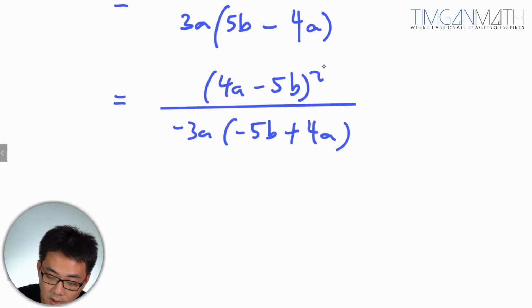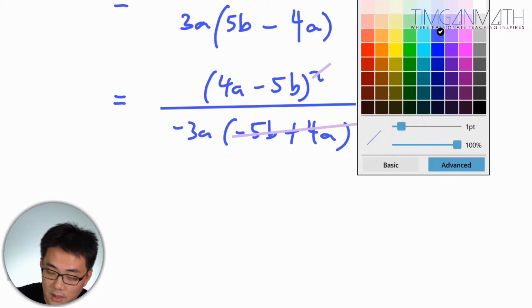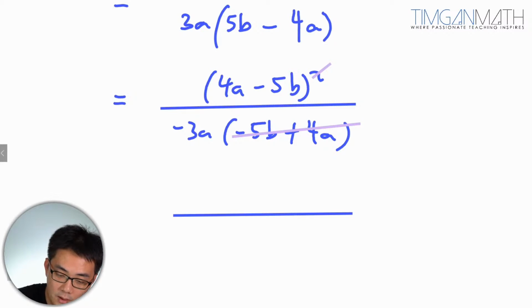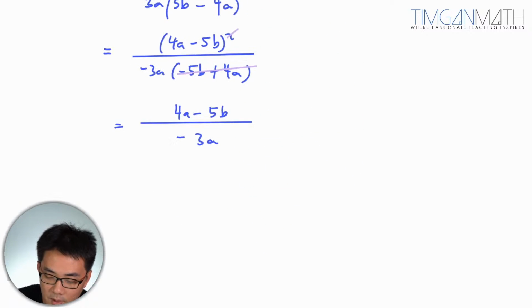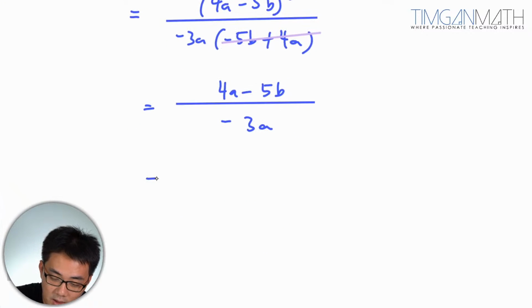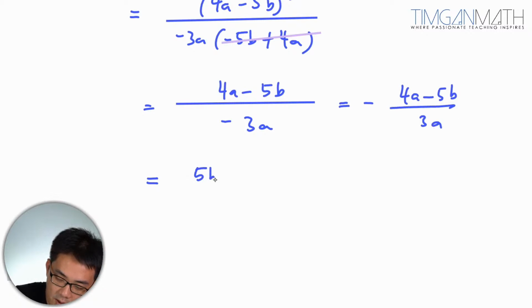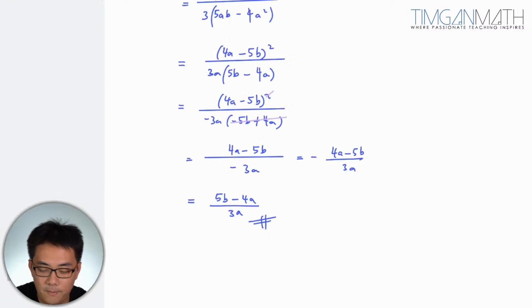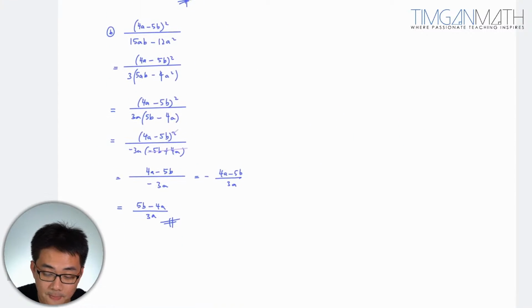When you cancel this away, this would just be the answer, which is 4a minus 5b over negative 3a. Okay, this is how you simplify it. So obviously you could take the negative out. So this is negative 4a minus 5b over 3a, and this will be 5b minus 4a over 3a. Okay, yeah, that's how you do this question here proficiently.